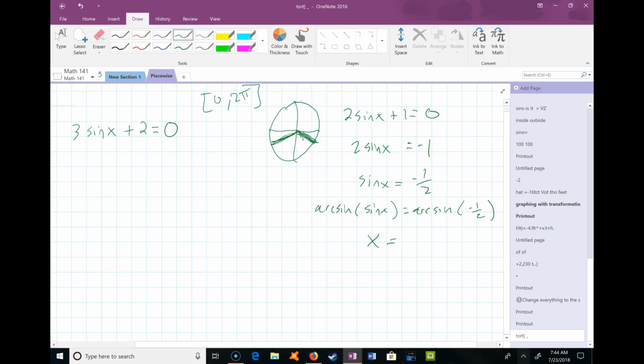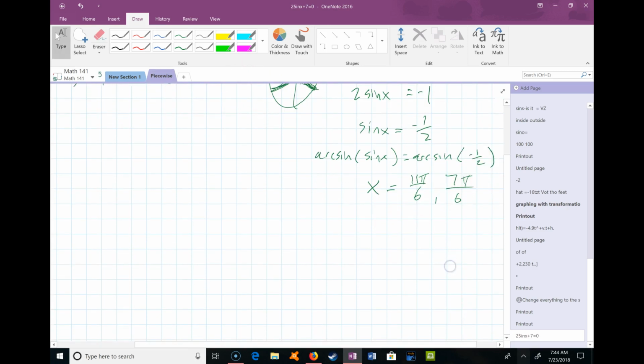In this case, I'm just using my knowledge of the unit circle because these are friendly angles. And I know that that one would be 11 pi over 6. And of course, this one over here would be 7 pi over 6. And that would be my answer if I'm looking between these guys.